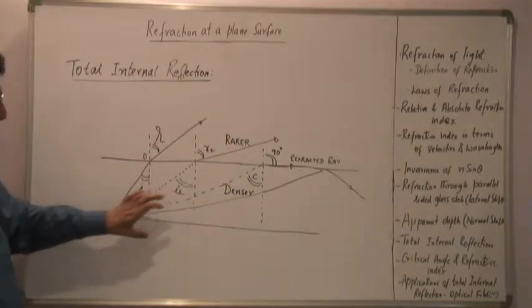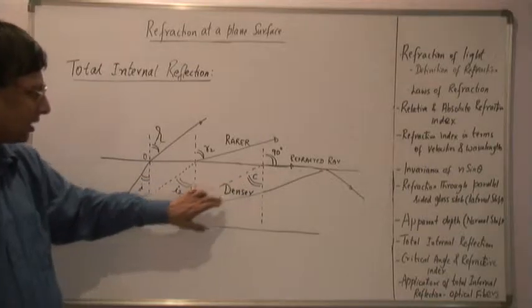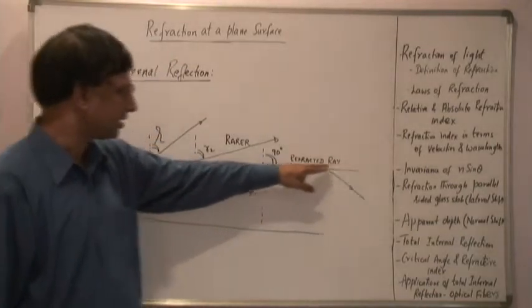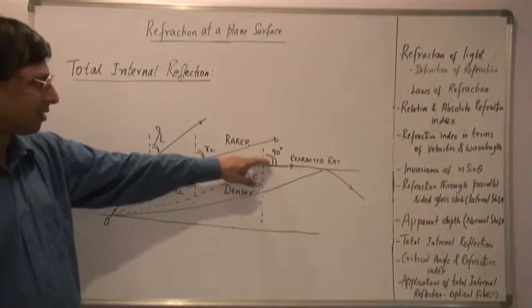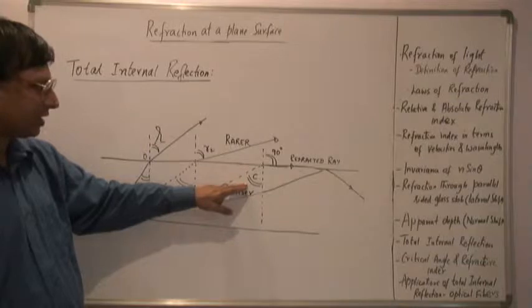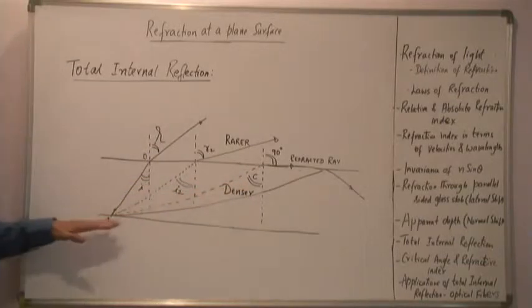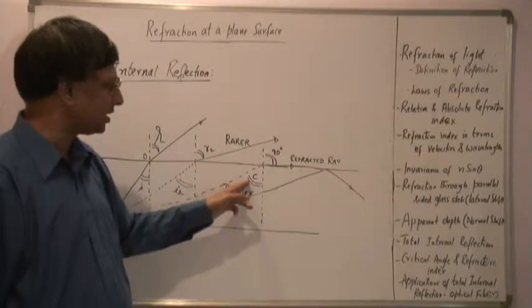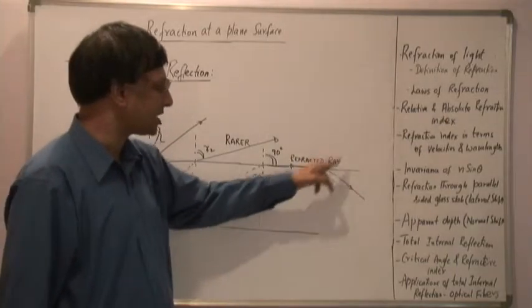At some angle of incidence C, the refracted ray grazes the surface here at this point, where the angle of refraction is 90 degrees. That angle of incidence is called the critical angle. So if the incident ray has an angle of incidence greater than C, then there is no refraction taking place.